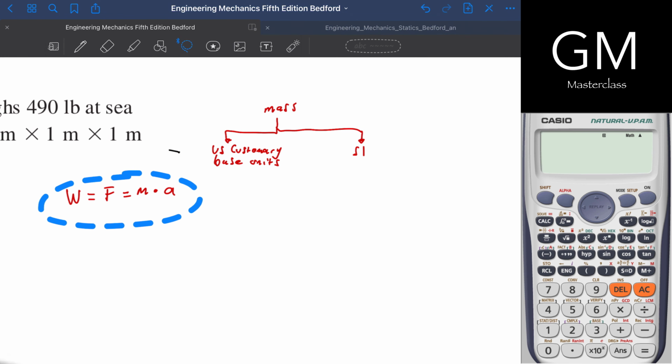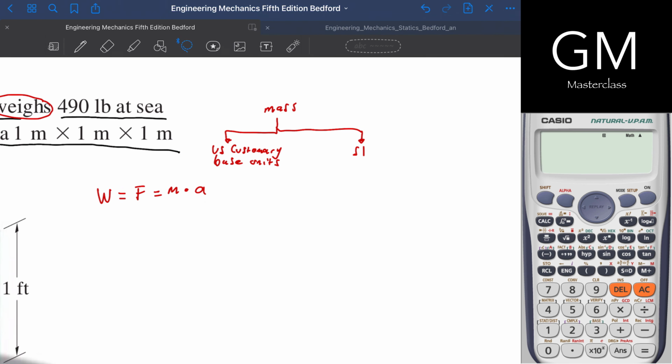There are actually more types of units, but these two are the most used ones on planet Earth.